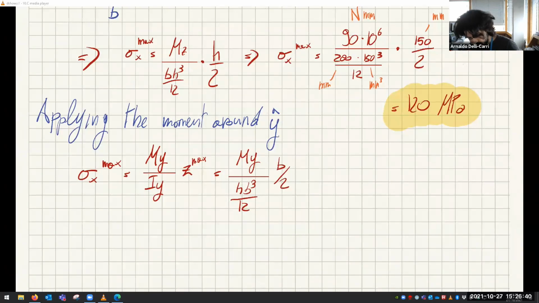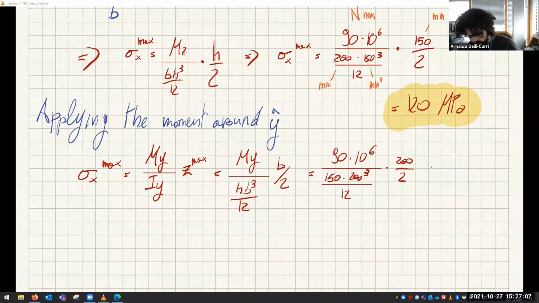So if I redo this calculation, I get that My is still 90 times 10 to the power of 6, just applied in a different direction. It's the same moment. Iy is 150 times 200 cubed divided by 12, times 200 divided by 2.